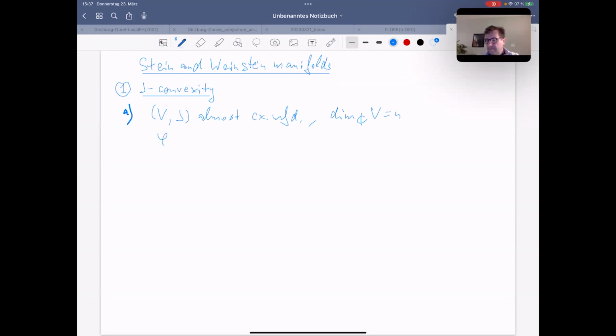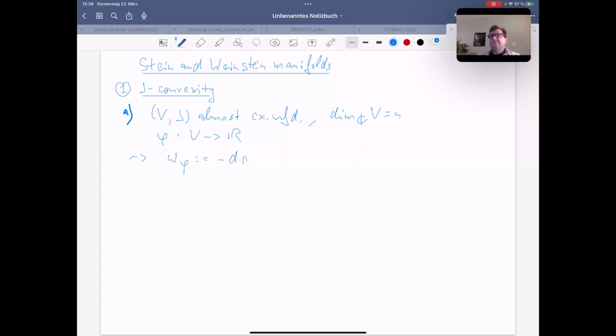If we're given a smooth function on that manifold, then we can associate to it a two form, which I will denote by omega sub phi.